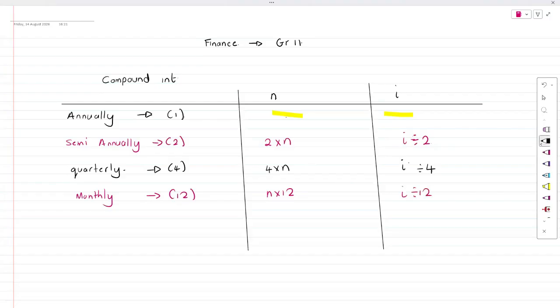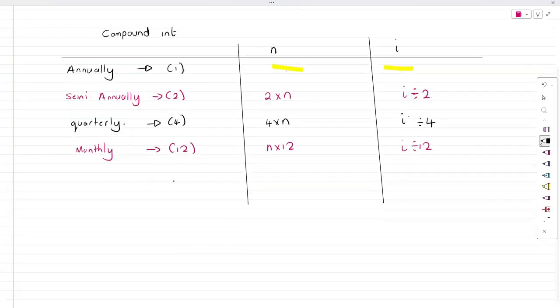The next one would be very, very rarely daily or weekly, but you might see weekly a little bit more. Weekly is, there's 52 weeks in a year. So N is times 52. I is divided by 52.